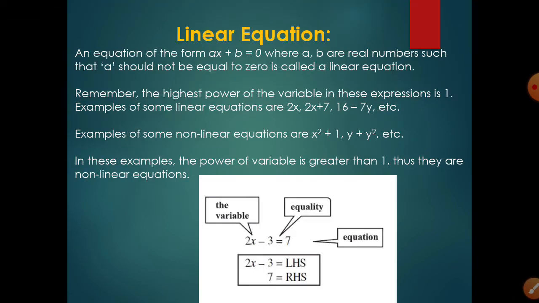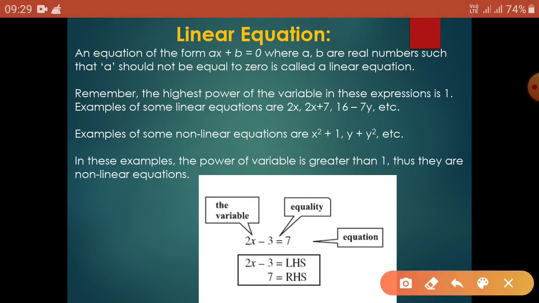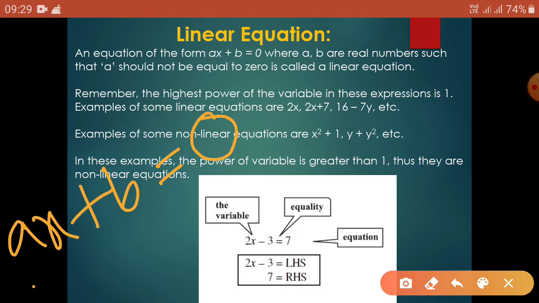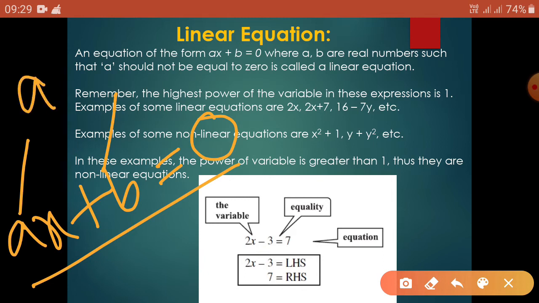Now the linear equation comes. An equation of the form ax plus b equal to 0, where a and b are real numbers, such that a should not be equal to 0, is called a linear equation.